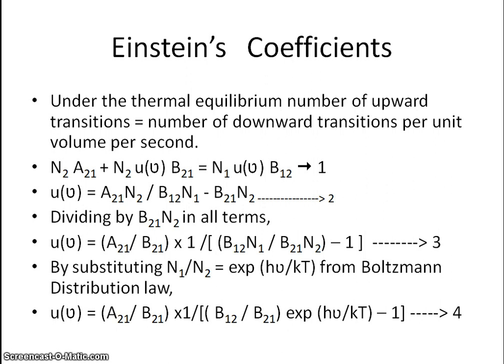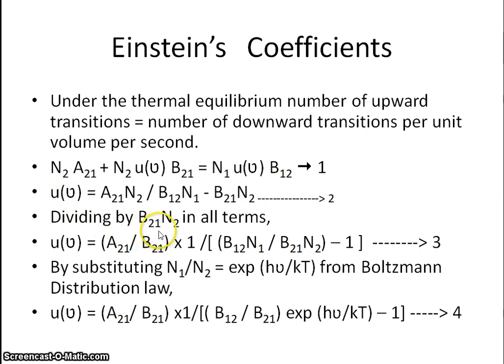Under thermal equilibrium, the number of upward transitions is equal to the number of downward transitions per unit volume per second. So here we have written 2-1 on one side and 1-2 on the other side. 2-1 means from higher level to lower level. B12 means from lower level to the higher level. From equation 1, we can get a value for U nu.